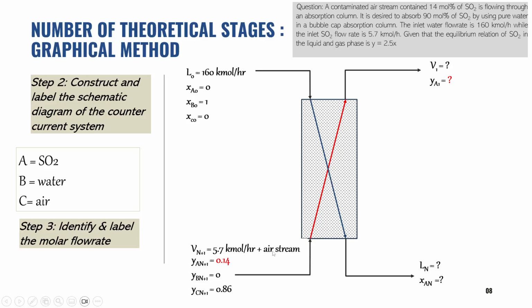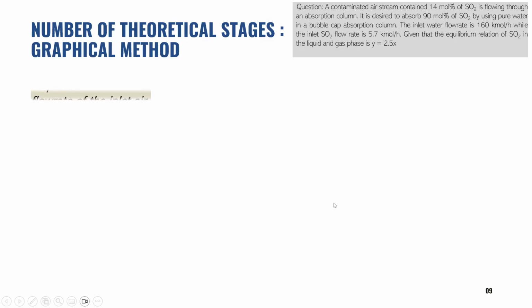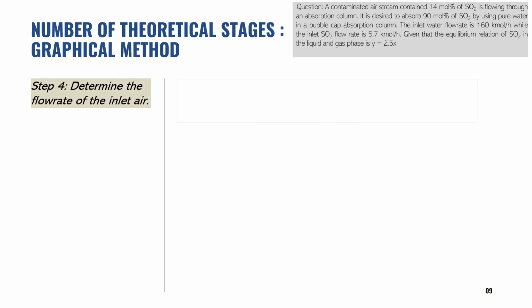The small amount, 10% of the SO2 stream, will contribute to the total gas stream leaving the system, V1. So we need to know the air stream so that we know how much SO2 is actually leaving the system in the air stream. Right. So we need to know the flow rate of inlet air.